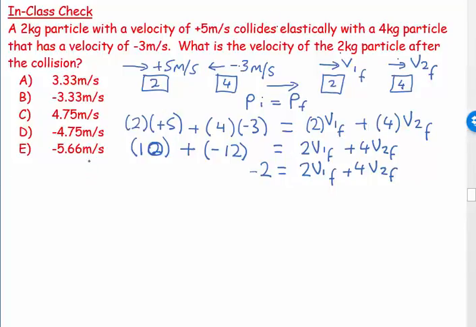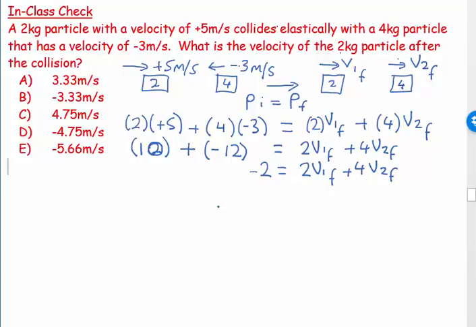Now let's think about conservation of kinetic energy. Frankly, if I try to do this problem using a half mv squared for the first particle plus a half mv squared for the second particle, equal to a half mv squared for each particle after the collision, it makes it mathematically quite arduous.